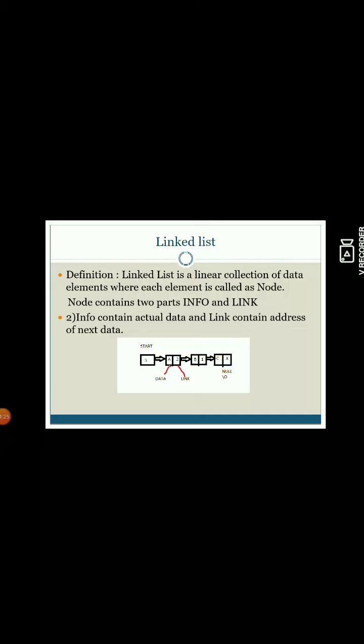So what is my first node? That is A. A is the data of my first node and 2 is the link part, the address of my next node, that is B. Similarly, B is my second node and the 1 is the address of my next node, that is C. Now here A is my first node.